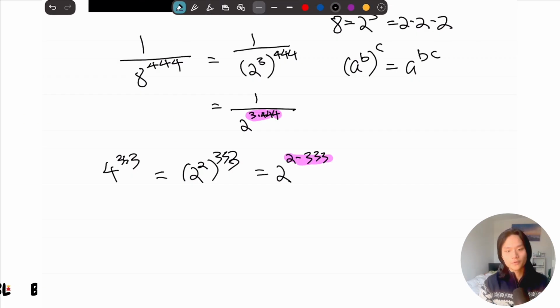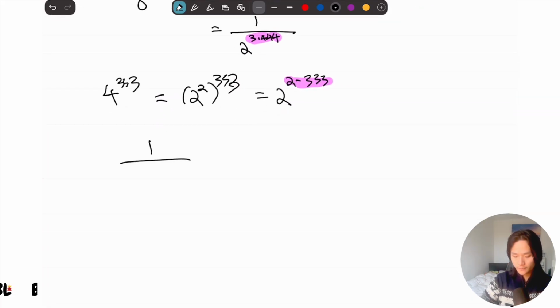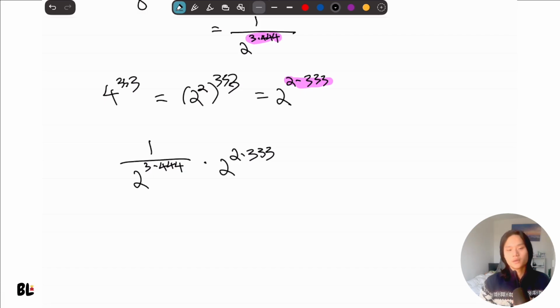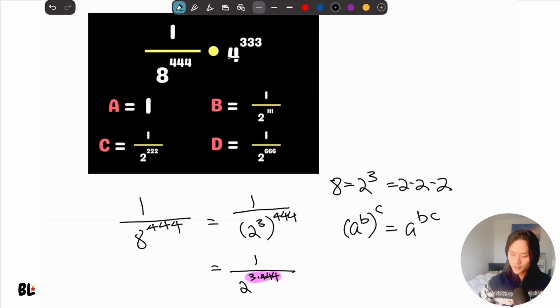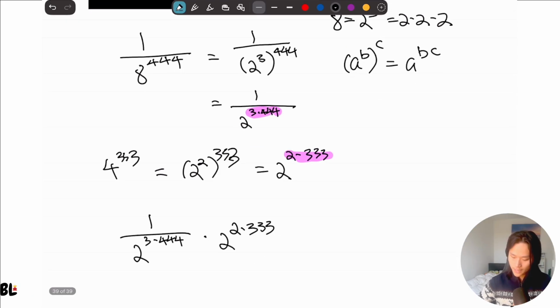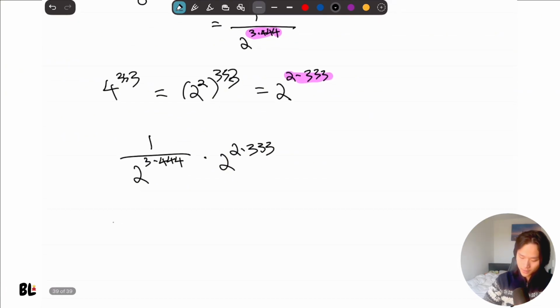So now we put the two terms together. So we have 1 divided by 2 raised to the power of 3 times 444, and then we have 2 to the power of 2 times 333. So far so good. What we want to do now is to put them into one fraction.